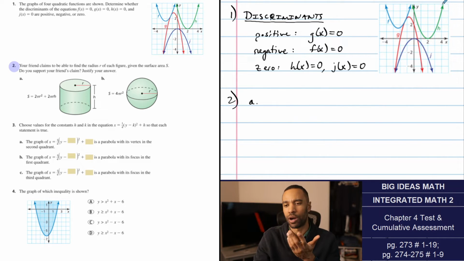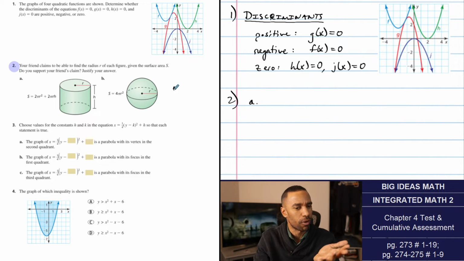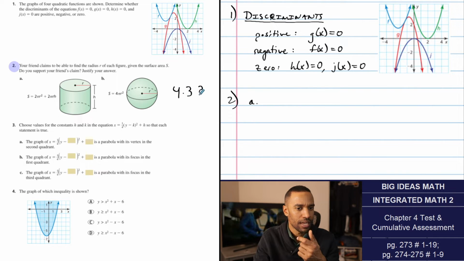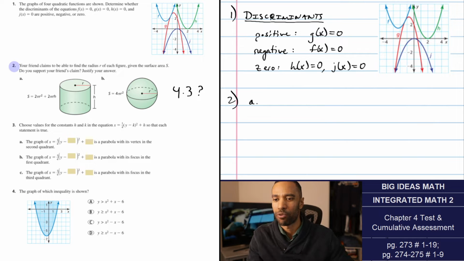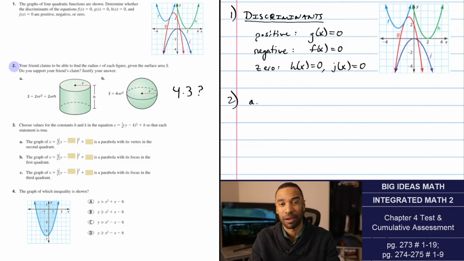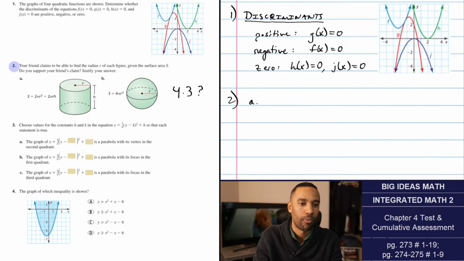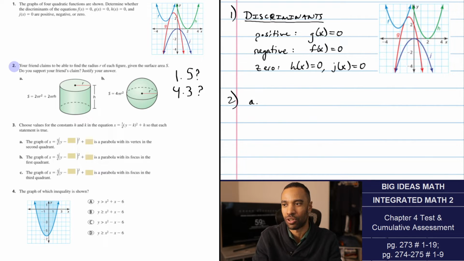Maybe it was solving using square root. So I'm going to guess this is 4.3? Maybe? I don't remember when those formulas came into play. They could have been chapter 1. Maybe they were chapter 1 when we used exponential properties. I don't know. Maybe 1.5? It seems like I haven't seen these kinds of questions in a long time, so I feel like chapter 1 might be it. All right.